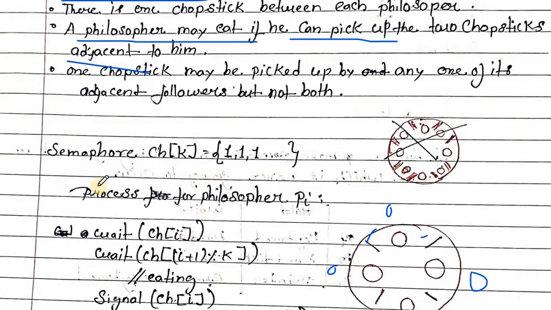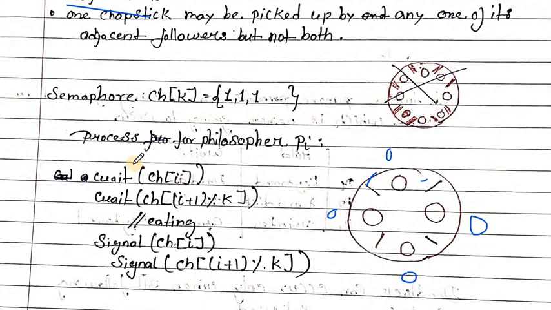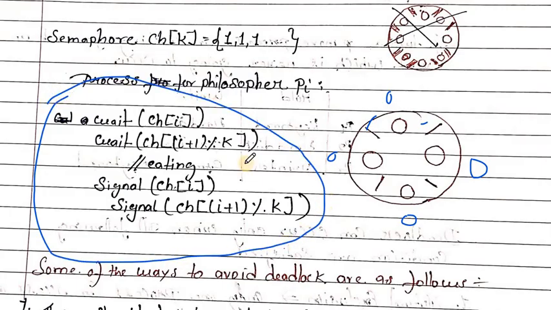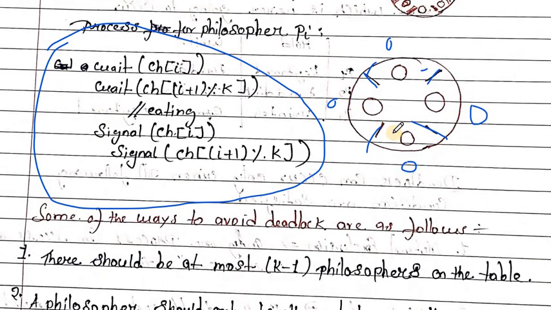So here we use a semaphore, and here is the code for the conditions. How will the philosopher eat if he has only a single chopstick? He can eat only with 2 chopsticks.